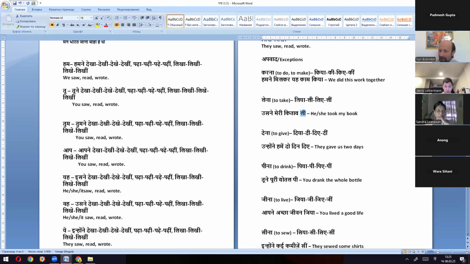So lena has these forms like लिया, ली, लिए, ली. Kitaab is feminine, so we take li, it's singular feminine. So he took my book. उसने मेरी किताब ली.